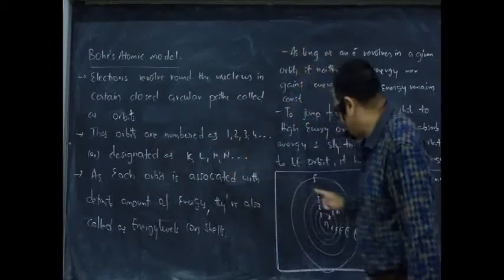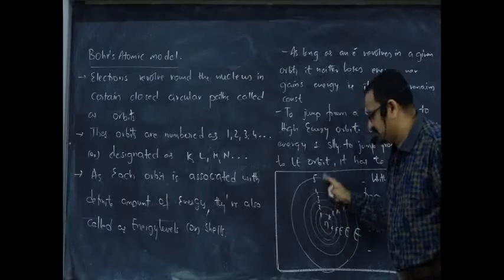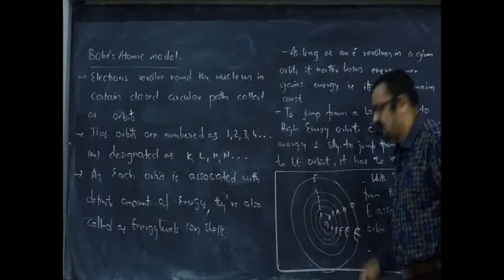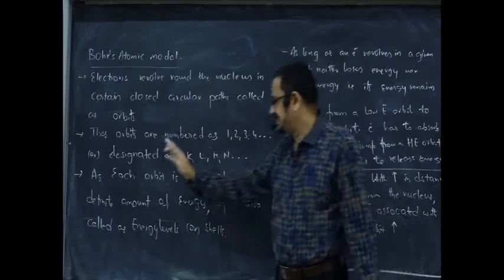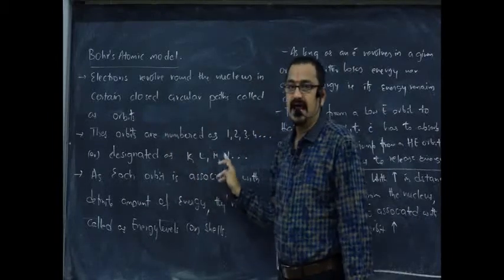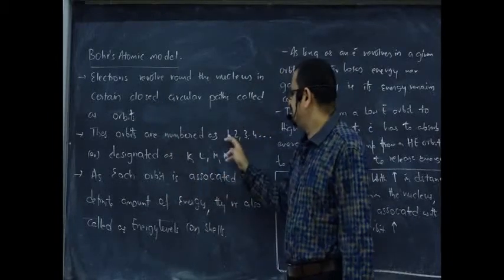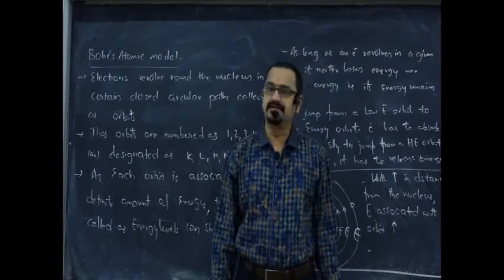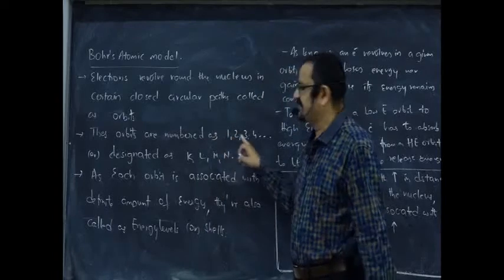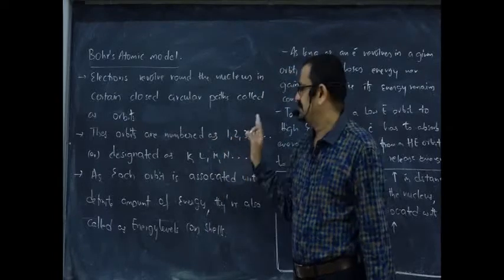These orbits are numbered as 1, 2, 3, 4 and so on, or designated as K, L, M and so on. These numbers were later given as principal quantum numbers.